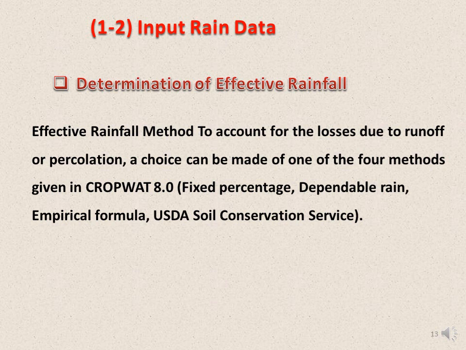The second type of required data is rain data. Determination of effective rainfall. Actually, the effective rainfall is a percent of the total rain, because some amount of rain is lost by percolation through the soil profile or through the process of surface runoff.